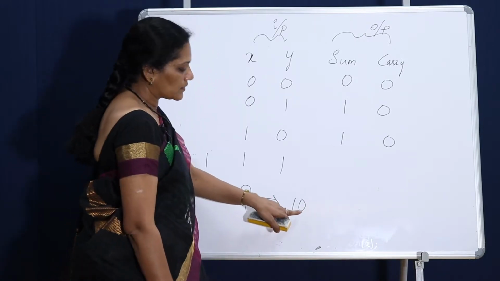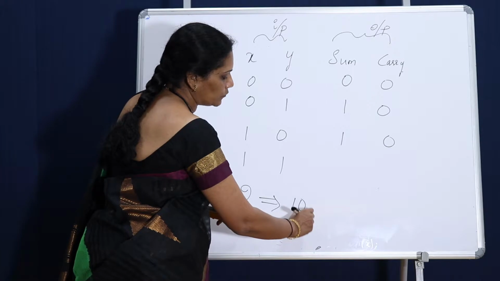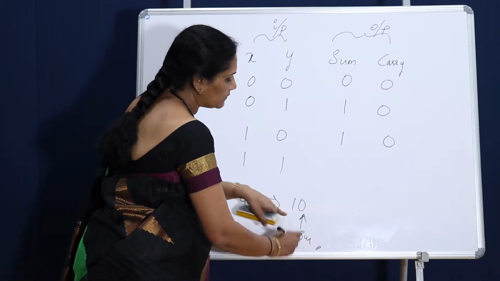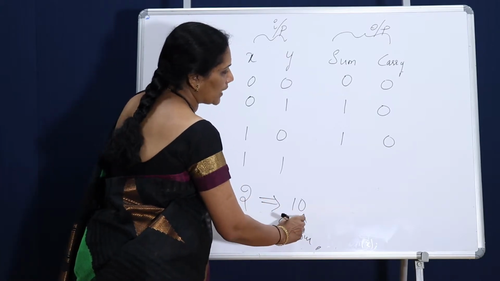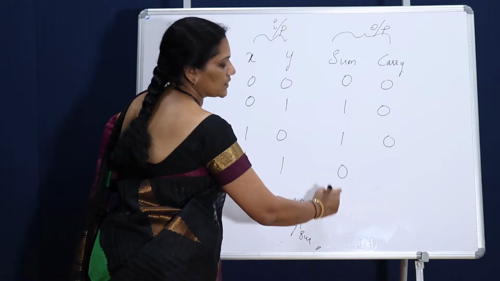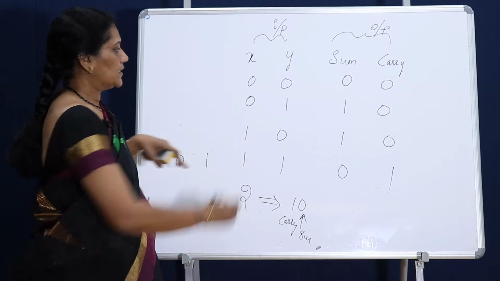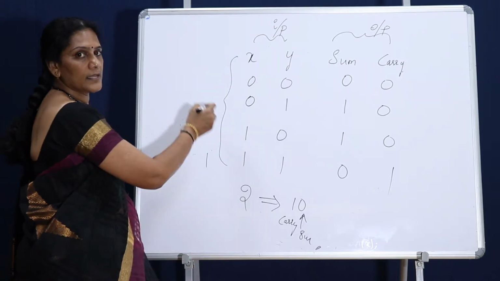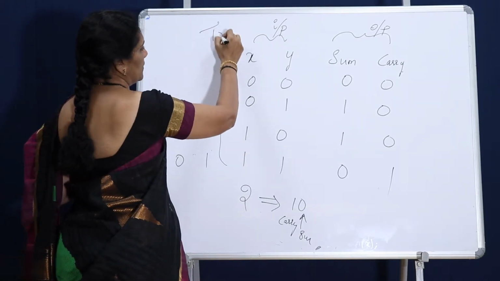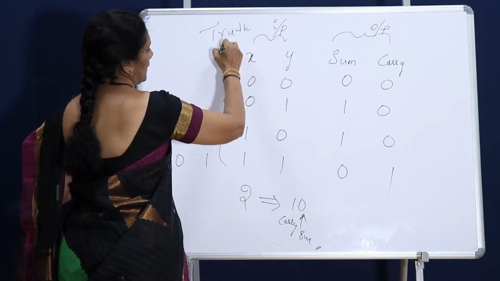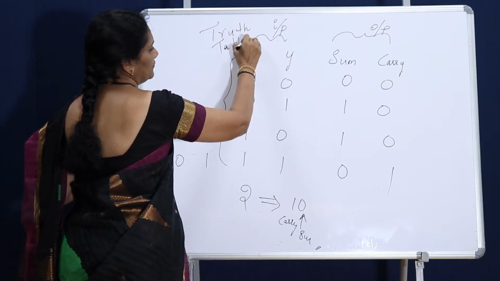At this point, the resultant sum would be 0, but the carry will become 1. So, the output is sum 0 and carry 1. When you derive something like this, the entire thing is called a truth table for the half adder.